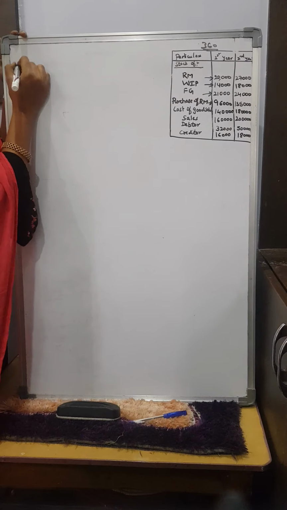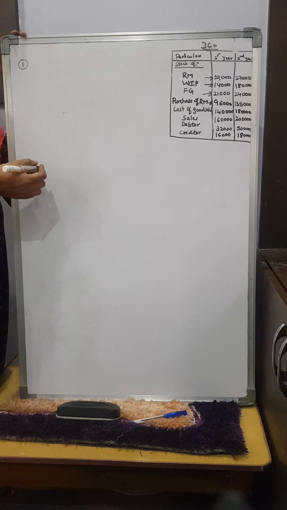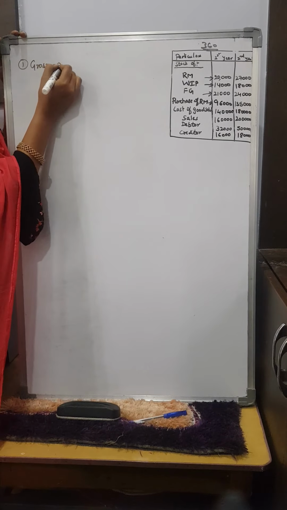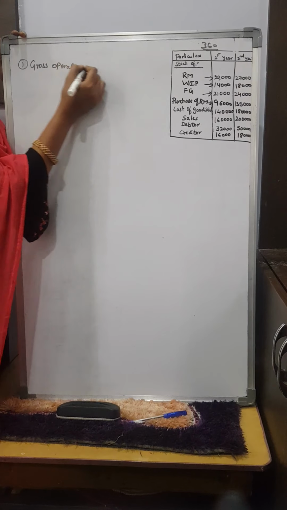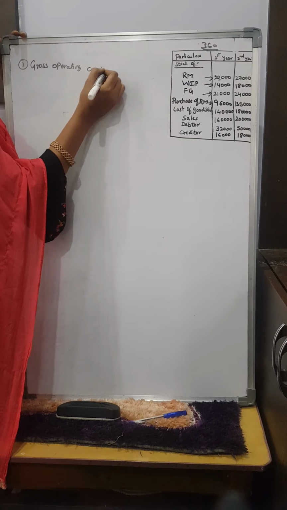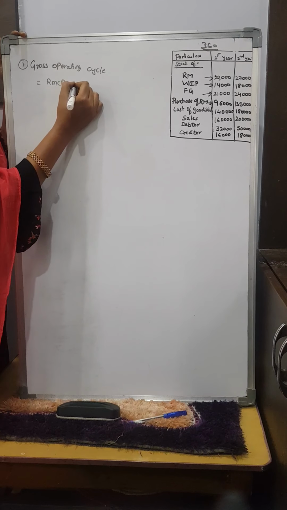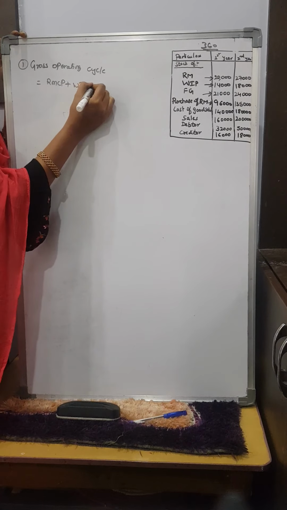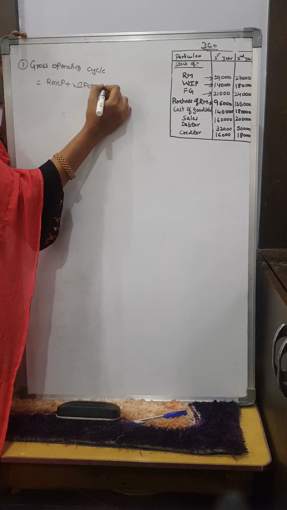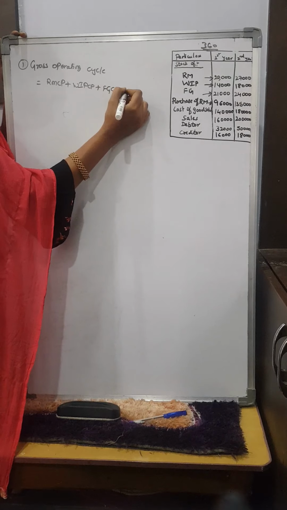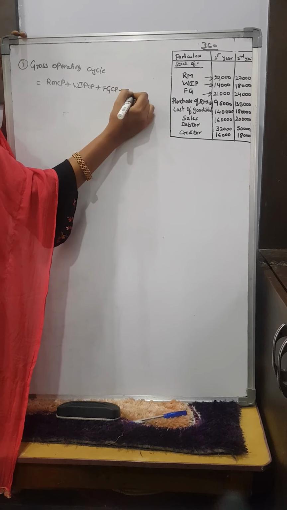Before I start, let me explain what is the gross operating cycle. The formula is: gross operating cycle equals raw material conversion period plus work in progress conversion period plus finished goods conversion period plus receivable conversion period.